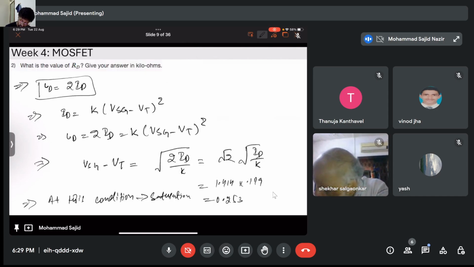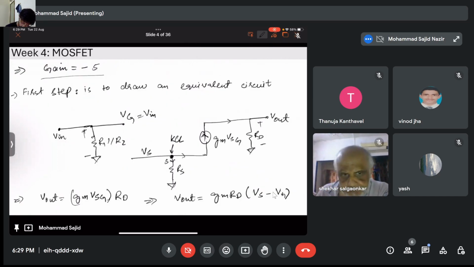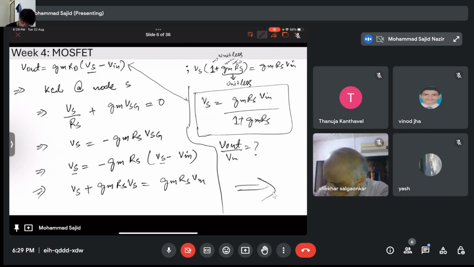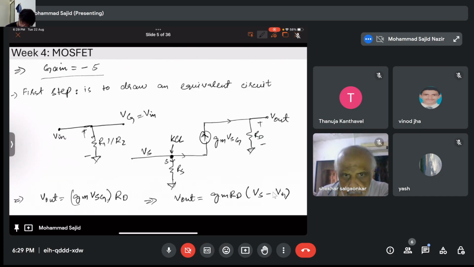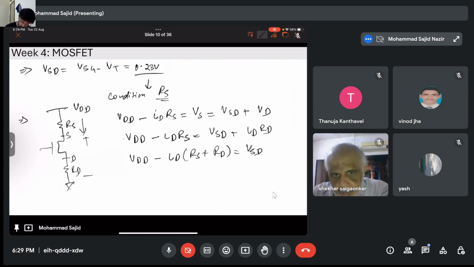Now from one of the calculations we did earlier, RD is 5 times RS, right? So I can write VDD minus 2 times ID, and this is 5 times RS, is equivalent to VSD.